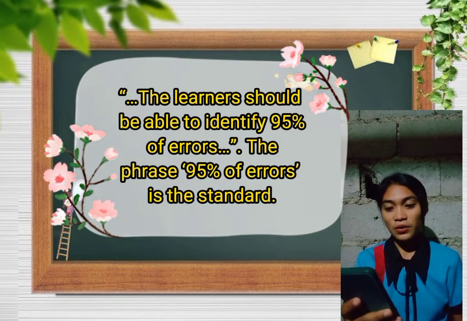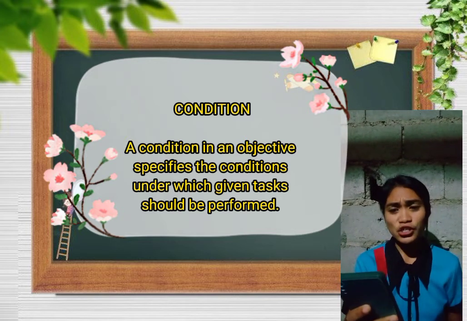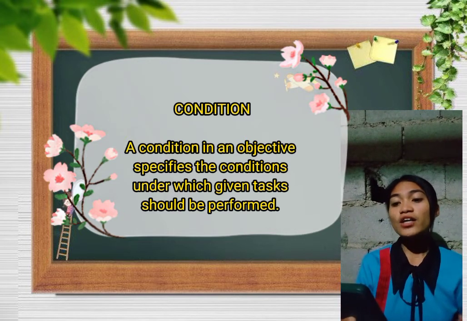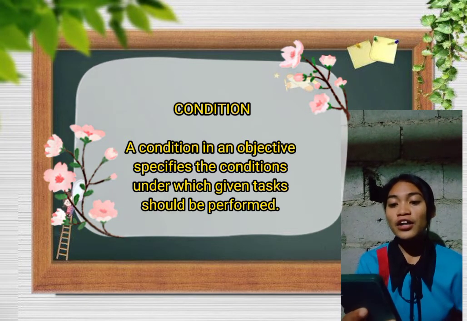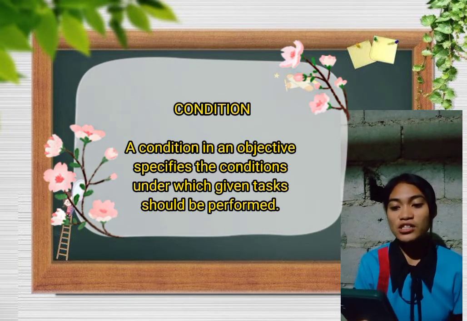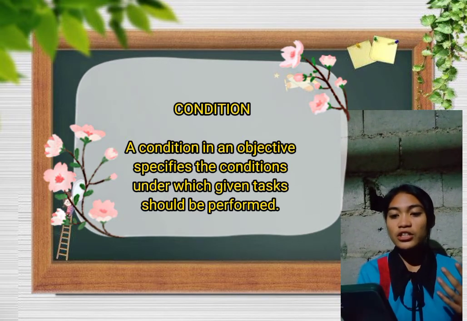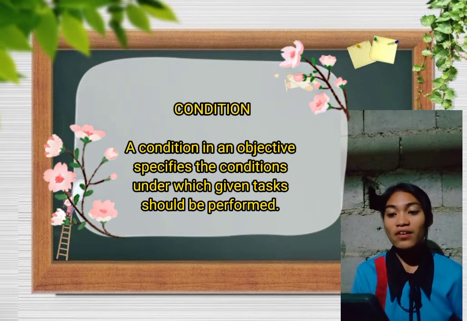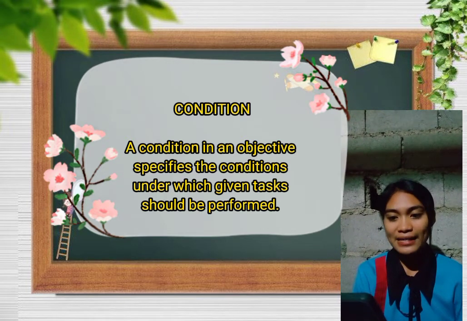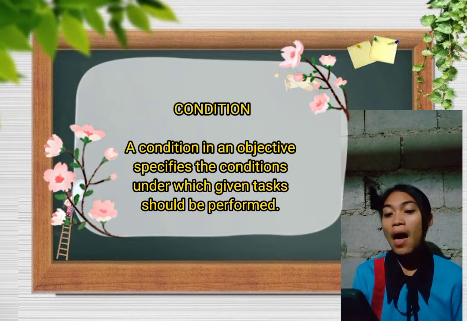Next is condition. So what is a condition? A condition in an objective specifies the conditions under which a given task should be performed. These are the actual conditions in which a given task should take place. The conditions may include time and place.